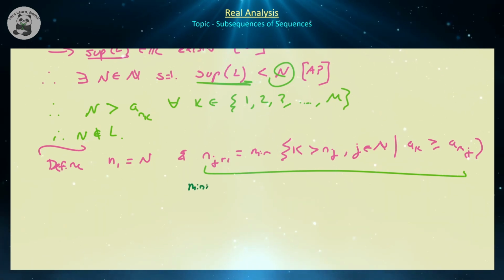It's the minimum, because keep in mind n_{j+1} is just an index of a subsequence.